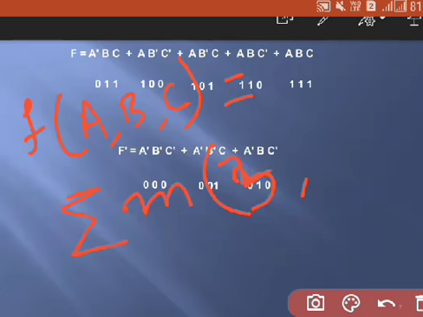It will be m3, comma 4, comma 5, comma 6, comma 7.